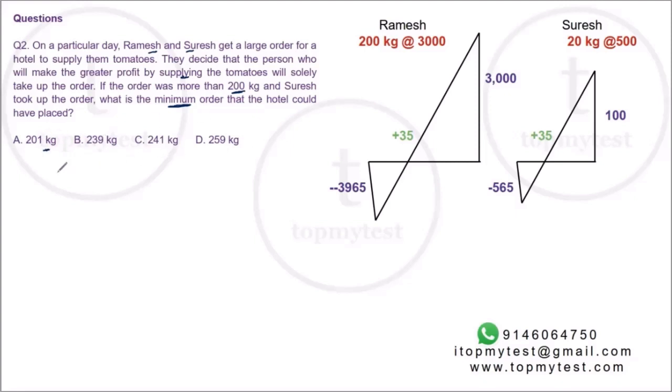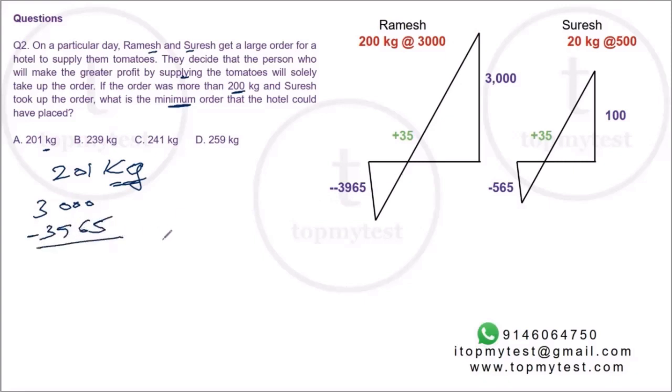Now, to sell 201 kilos, how much will Ramesh earn? For the first 200 kilos, he's going to earn 3,000 rupees. The next 1 kilo is going to lose 3965.